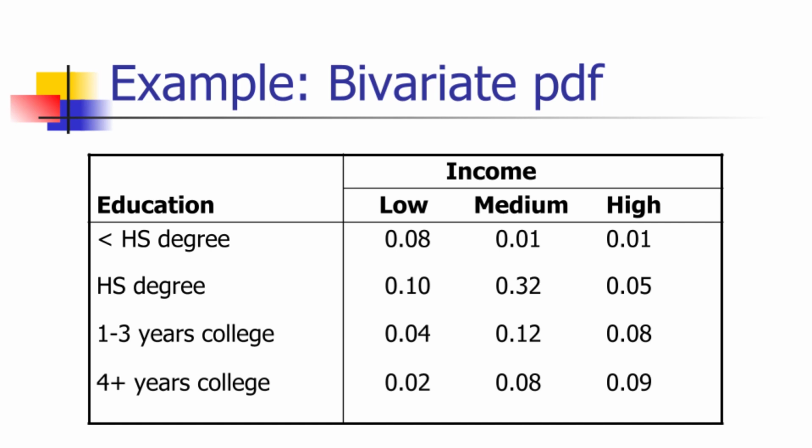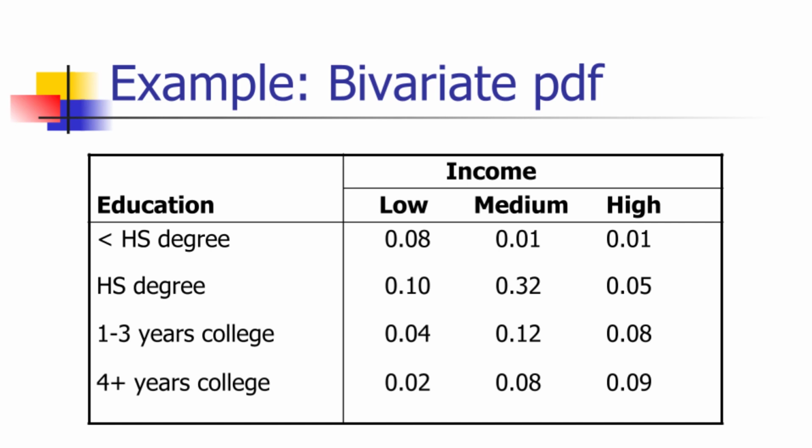We break up education into 4 categories: people who have not completed high school, people who have a high school degree as the highest level of education, people who have completed 1 to 3 years of college, and people who have 4 or more years of college. We break up income groups into 3 categories: low, medium, and high. With this, we can observe the probability of any combination of income and education in this population.